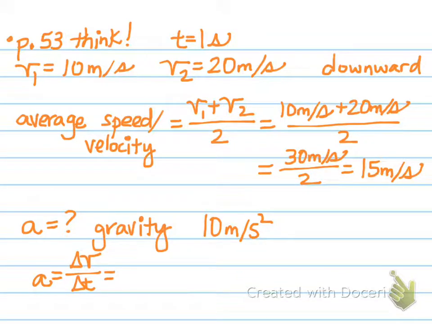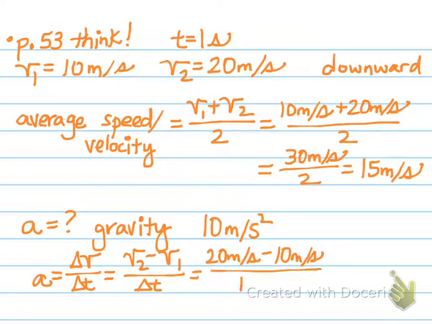Our change in velocity, so v2 minus v1, divided by our change in time. Our final velocity, or our second velocity, was 20 meters per second. I subtract 10 meters per second. My change in time was 1 second. So that gives me 10 meters per second, which is 10 meters per second squared.